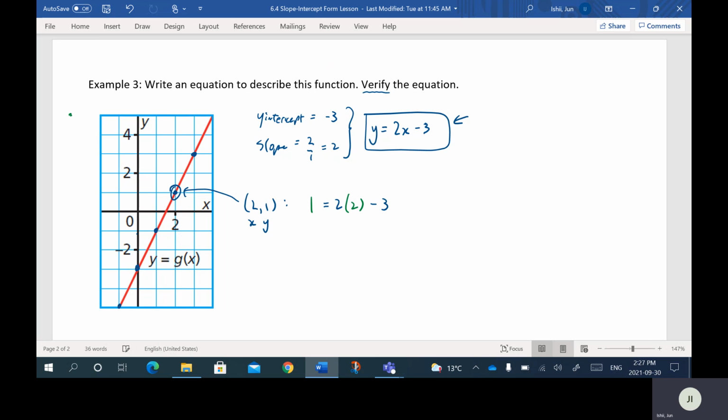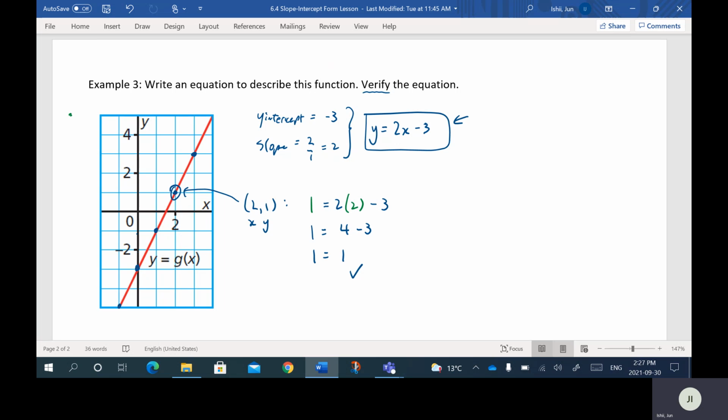We should get the left side to match the right. The left side is already just one number. Here we have 2 times 2, which is 4, minus 3. We get 4 minus 3, which is obviously 1. So we did verify. You take any point that's on the line, plug it in for x and y, and make sure the left side matches the right.